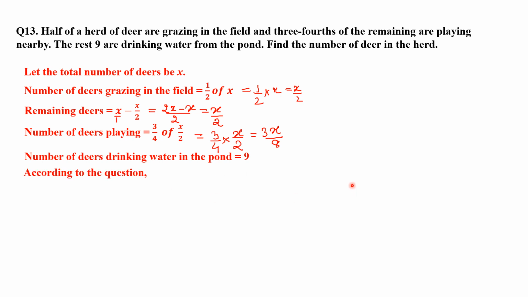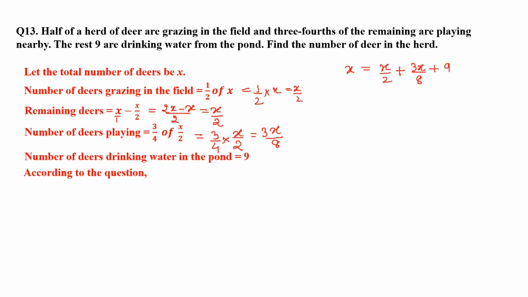So I can write the total number of deer, which is x, as the number of deer grazing, which is x by 2, plus the number playing, which is 3x by 8, plus the deer drinking water, which is 9.